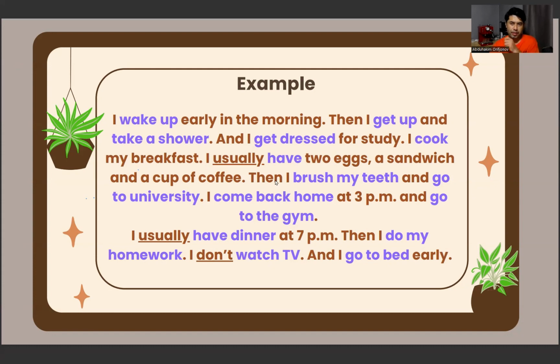Then I brush my teeth and go to university. I come back home at 3 p.m. and go to the gym to do exercise. I usually have dinner at 7 p.m. Then I do my homework. I don't watch TV and I go to bed early because I am very tired.